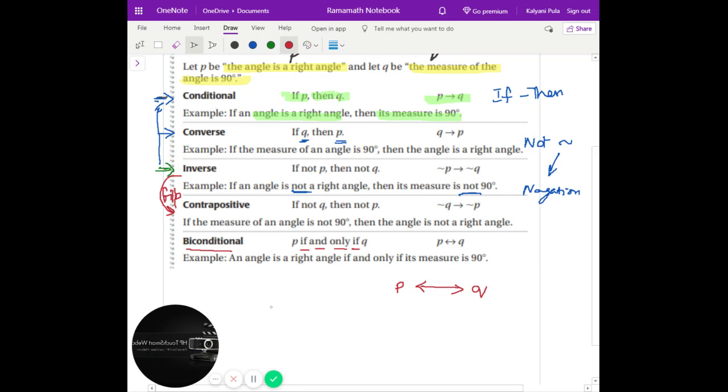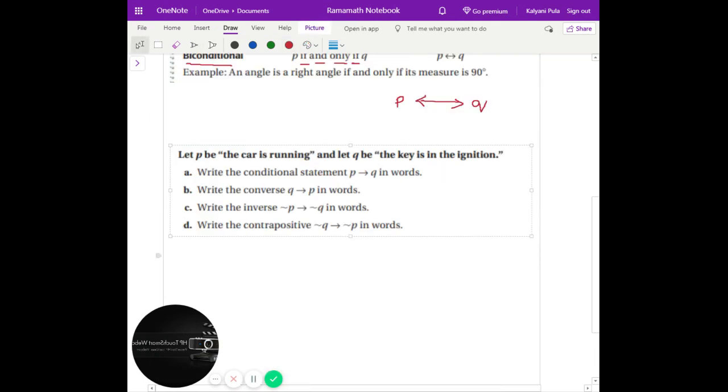Let me give you a question first, and then we'll switch back to the truth tables. Let's look at an example. Let P be the statement the car is running, and Q be the key is in the ignition.